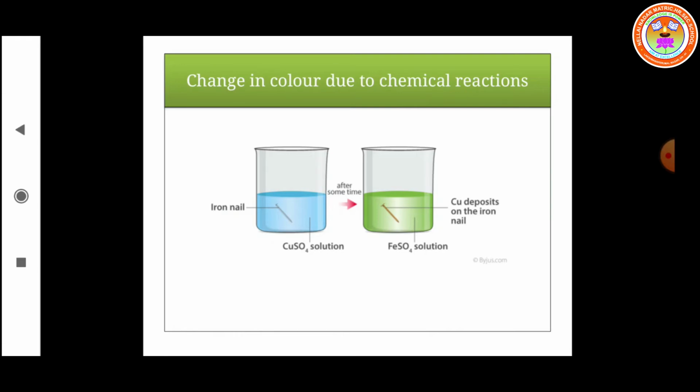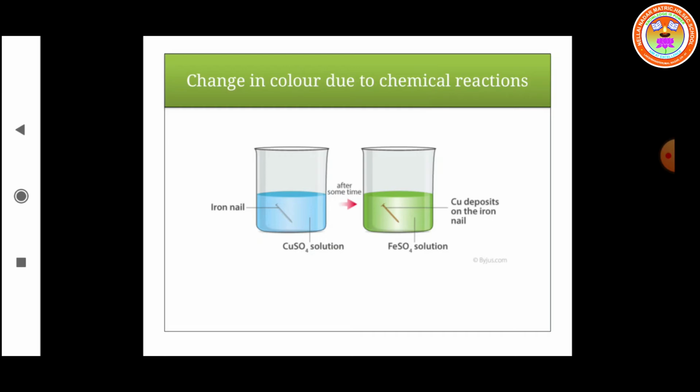And the iron nail which was placed inside copper sulfate has now started rusting because of the deposition of copper over it, copper over iron. See, the copper starts getting deposited over the iron nail, and the iron from the iron nail displaces copper from copper sulfate solution, and the solution becomes FeSO4, ferrous sulfate solution.